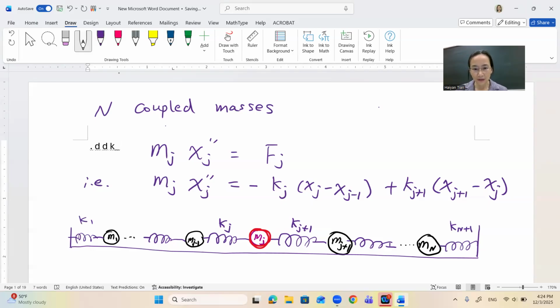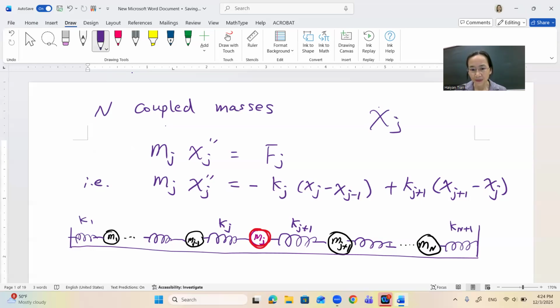So let's pick one body in the system and call it mj. mj is the mass for the jth body. So this is mj times xj's second order derivative. What is xj? xj is the displacement from its equilibrium.